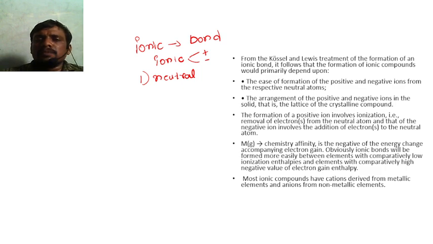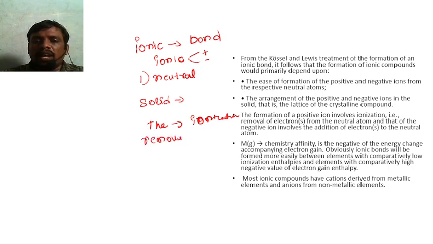Second, the arrangement of positive and negative ions in the solid. If you carefully see a solid, that is the lattice of a crystalline compound. The formation of a positive ion involves ionization, that is, removal of electrons from the neutral atom.